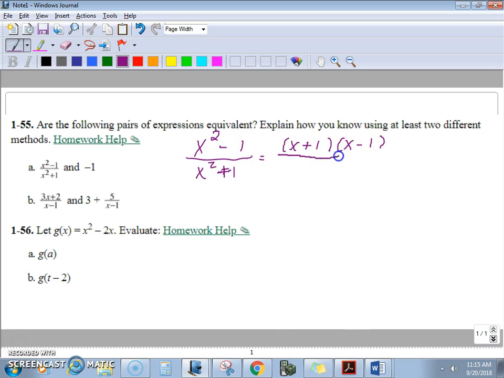Over. But you can see that the denominator cannot be factored. So that's going to remain x squared plus 1.